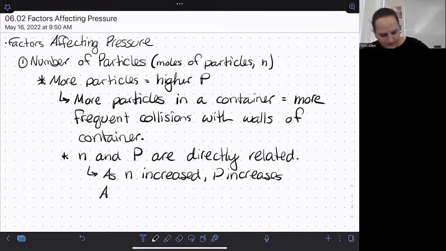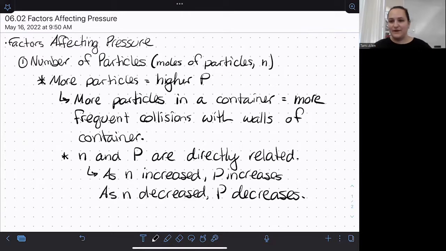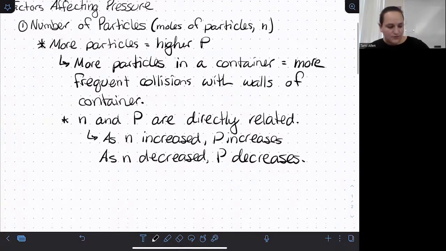Or as n decreases, P also decreases. So however one changes, the other changes in the same direction by the same factor. So if n is doubled, P is doubled. If n is halved, P is halved. So basically the same thing happens to both.